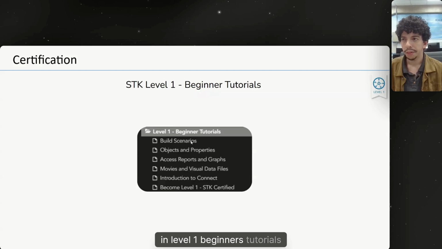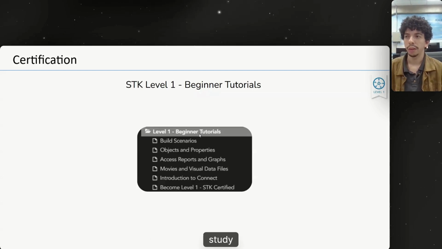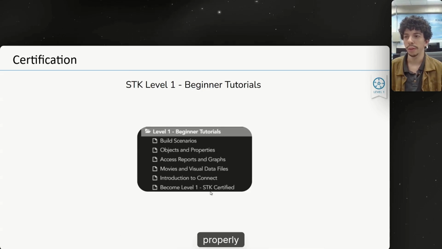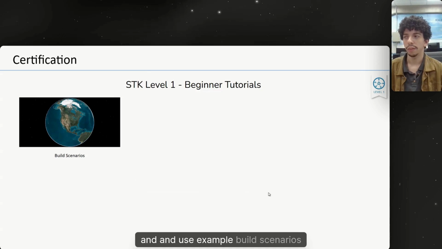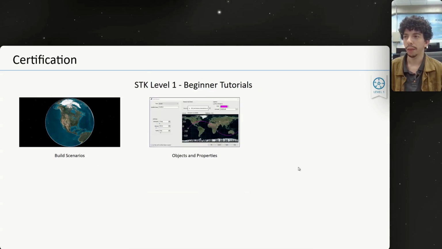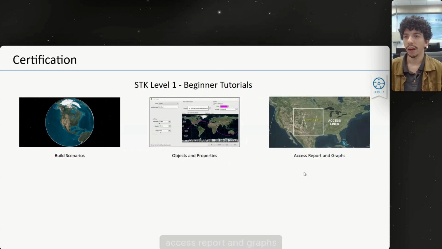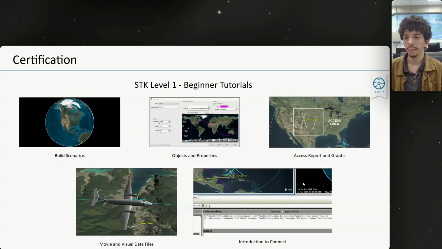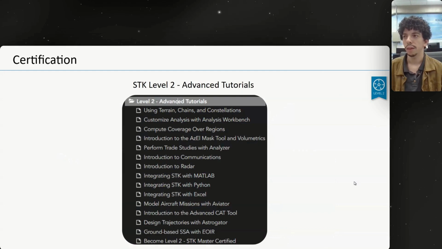In level 1, beginner tutorials, you study building scenarios, objects and properties, access reports and graphs, moving and visualizing data files, introduction to connectors, and properly a test or exam for STK level 1. For example: build scenarios, objects and properties, access reports and graphs, moving visual data files, introductions to connectivity.